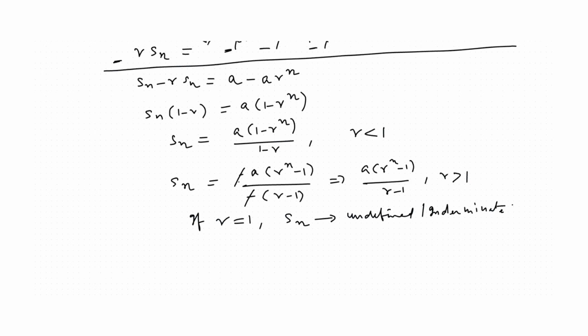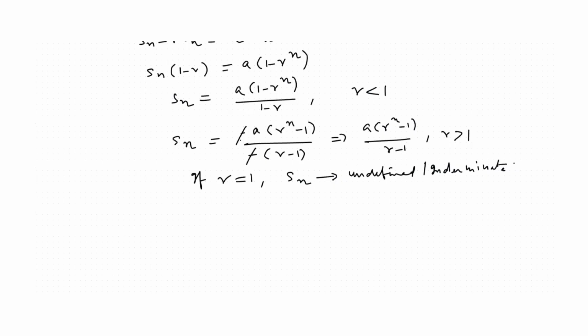So we got this formula. Now one more thing that we can possibly see is, what if we use this formula to find S infinity? Meaning if n tends to infinity, then my Sn becomes S infinity.